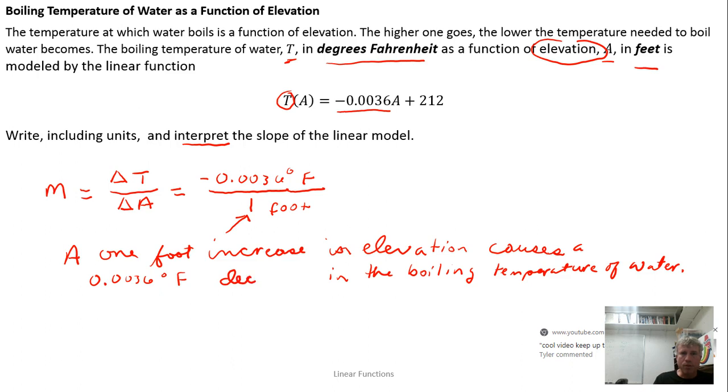So I could have gotten rid of the negative sign and replaced it with the word decrease, which indicates that we had a negative number to begin with. A decrease in the boiling temperature of water.